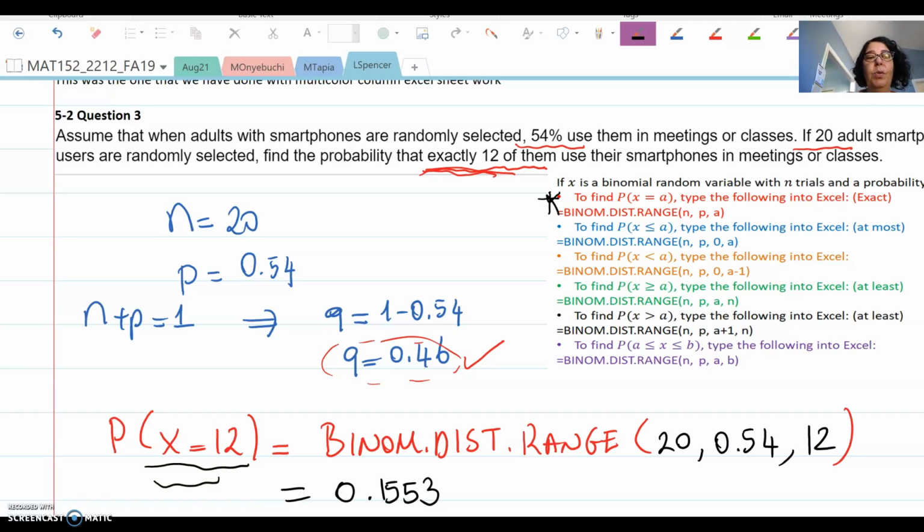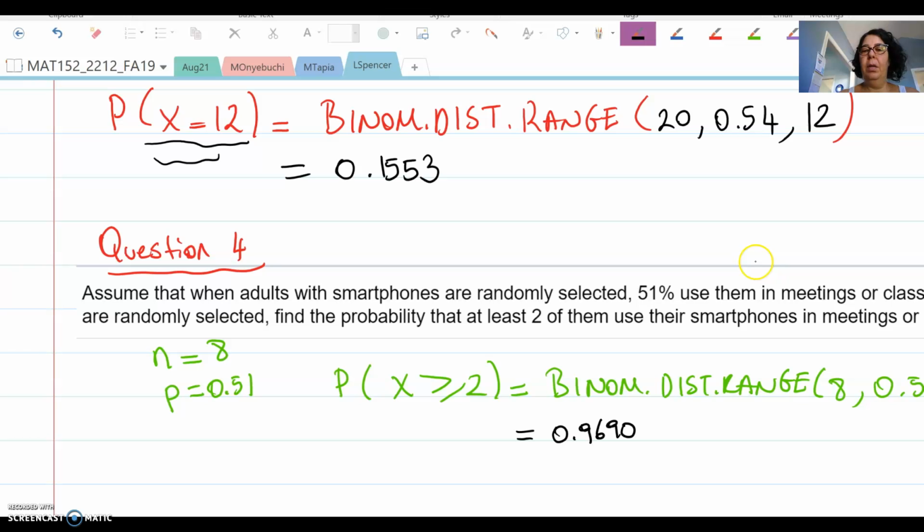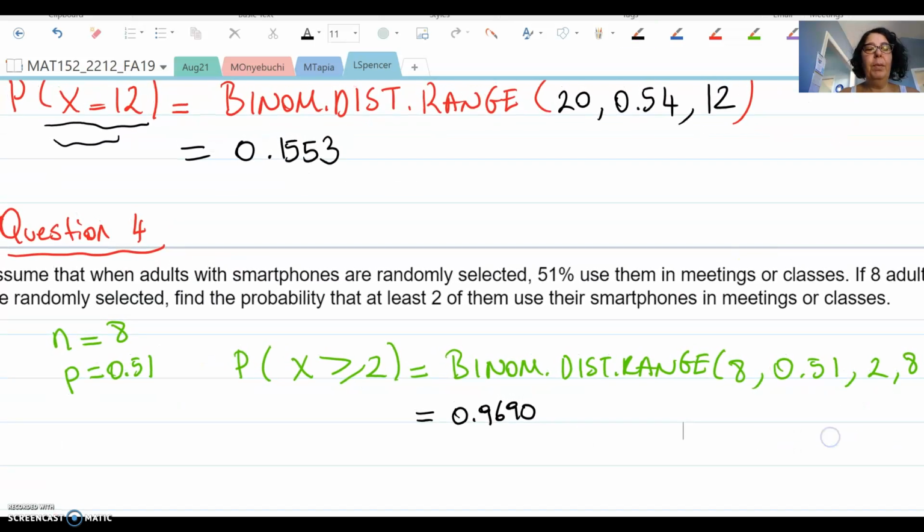And remember, those numbers, p's and exactly 2 are from my example. You will have different numbers. All right, so question 4. It's a binom.dist.range problem again. Our probability is 51%. I'm extracting that knowledge from the problem. 8 adults.